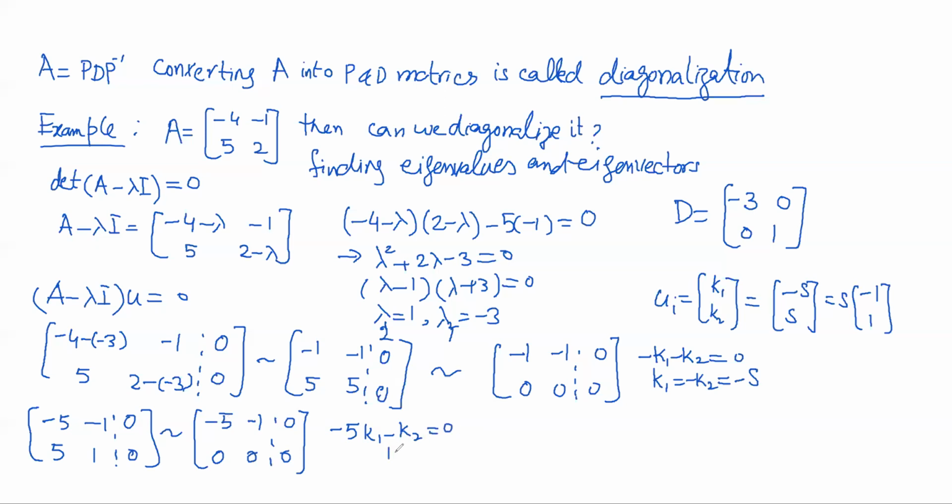If we take k2 equal to s, then k1 will be minus s over 5, minus 1 by 5 s. So in this case, the eigenvector which we will get is the u2 eigenvector.